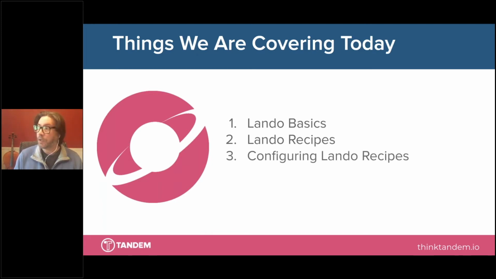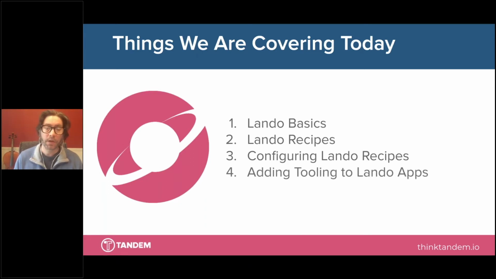And then you can start with a basic recipe, but you can configure it on top of it and make it as complicated as you need to or want to, or you can keep it bearable and simple. In addition to configuring the recipes, you can add in custom tooling to your apps. So you can make existing tools behave in a way that you want them to, or add in different tools that aren't provided by default.